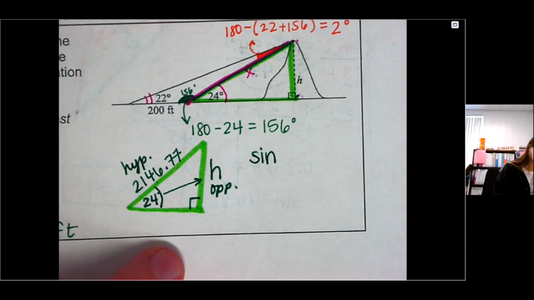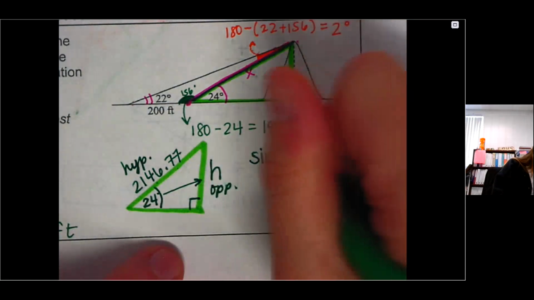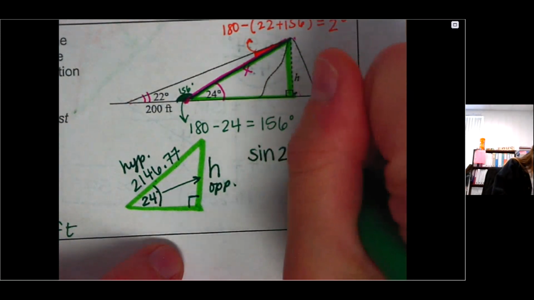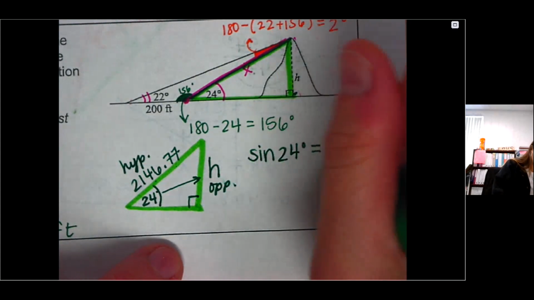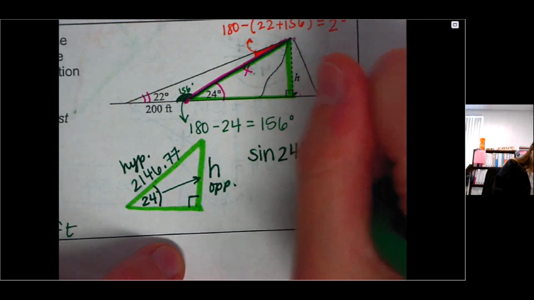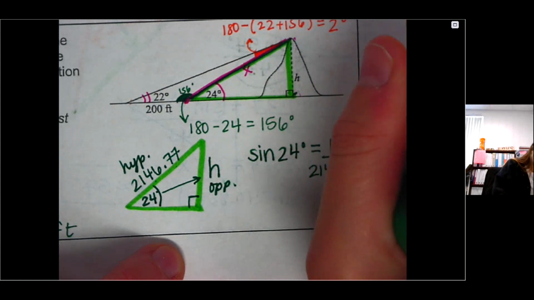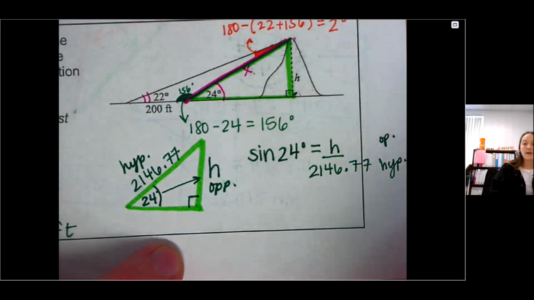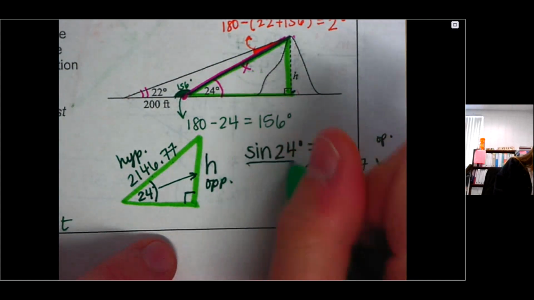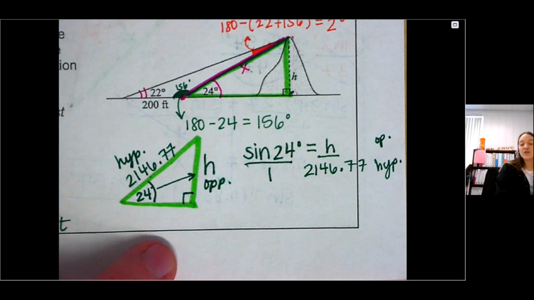So my sine ratio is sine of 24 degrees equals opposite over hypotenuse, which is h over 2,146.77. So opposite over hypotenuse. Okay. This now becomes a 1 underneath, and I cross multiply.